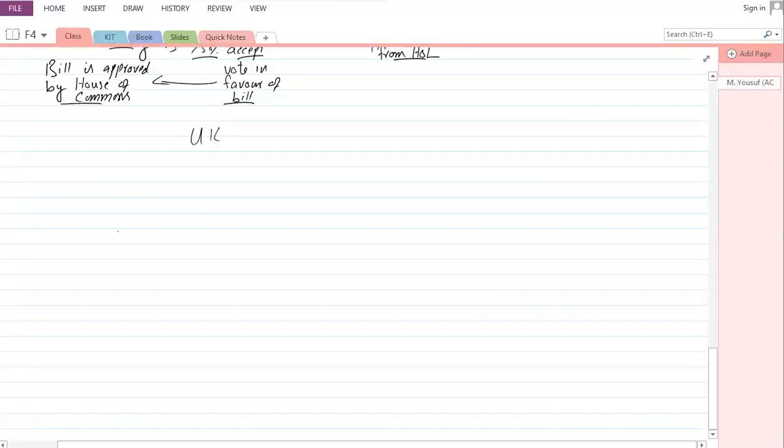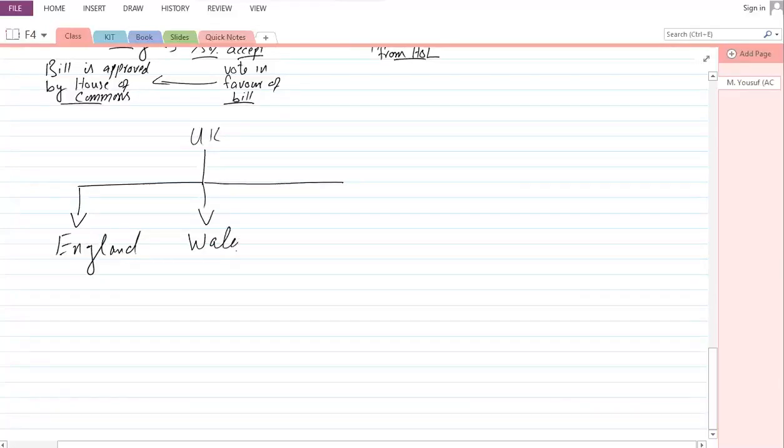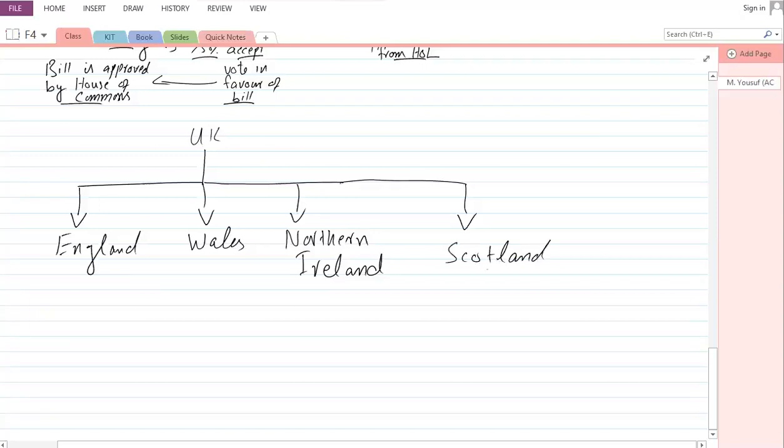In UK there are four states: England, Wales, Northern Ireland, and finally Scotland.